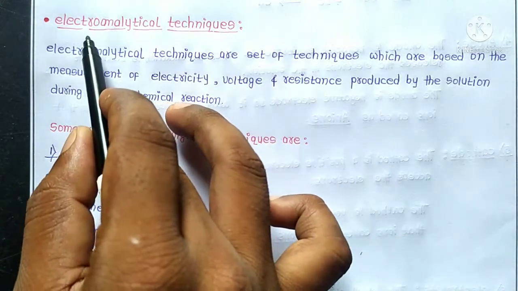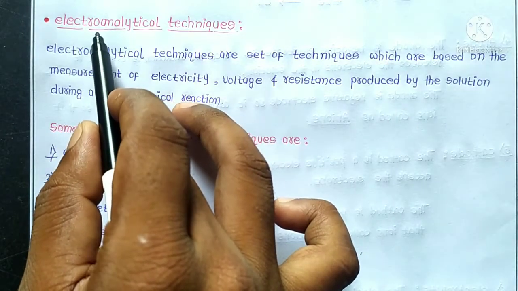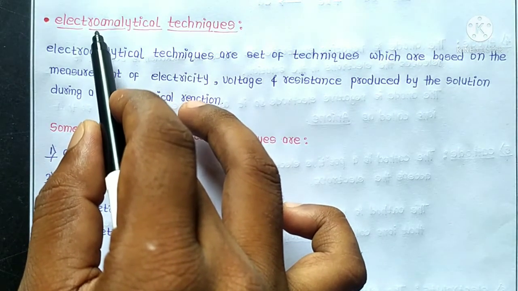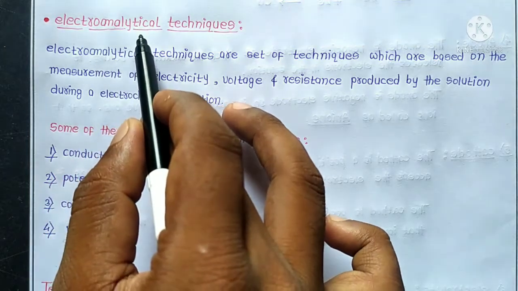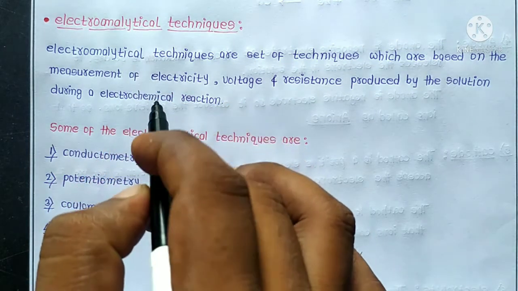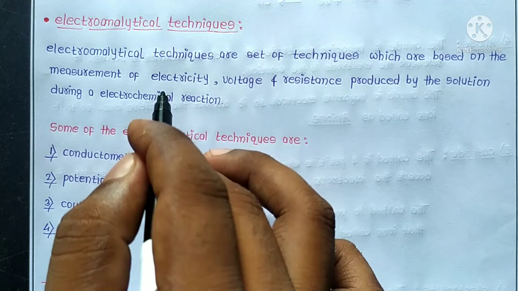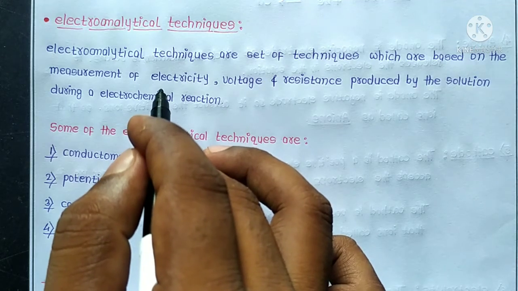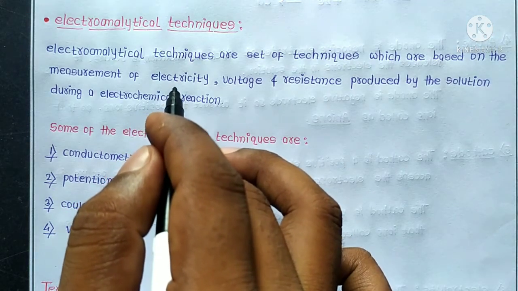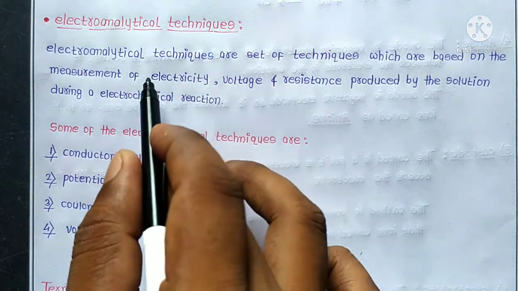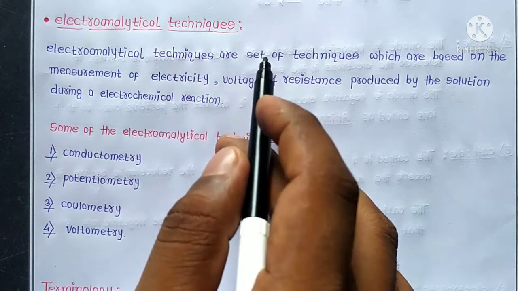In the word, electro means the electric movement or electron movement, and analytical means analysis. So if any electron shows motion, electricity is produced, and that is what we are going to analyze during the course of electroanalytical techniques.